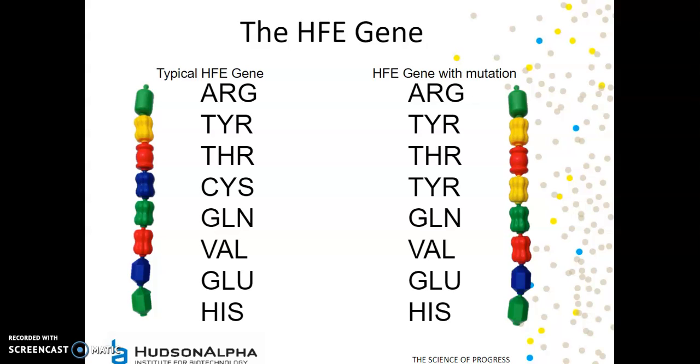So it's not going to show up very often. And in order to get the recessive trait to appear in a person, they would have had to have received that recessive trait from both parents. So we know that both parents are carriers of the HFE gene with the mutation.